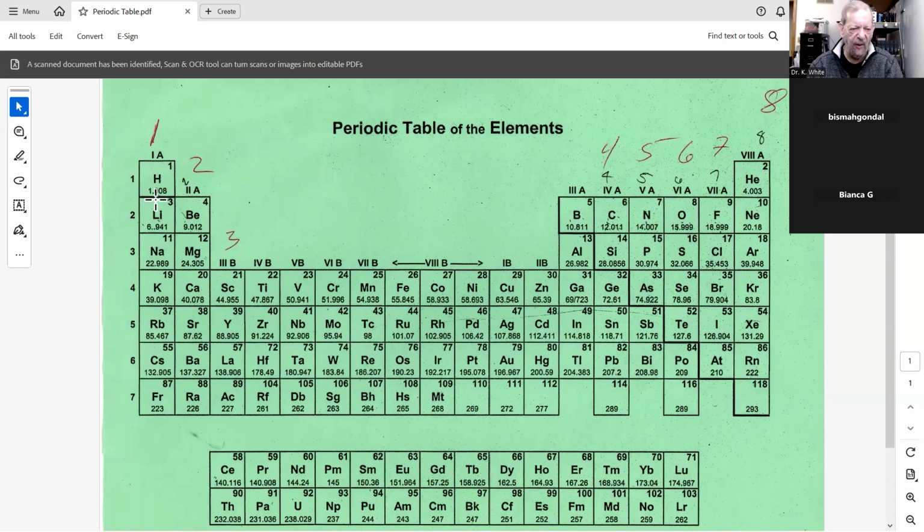So hydrogen 1.008, the 3 significant figures would be 1.01. Oxygen at 15.999, the 3 significant figures would be 16.0.